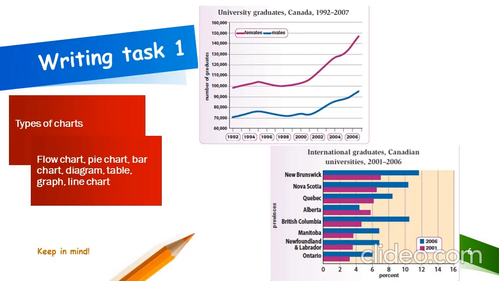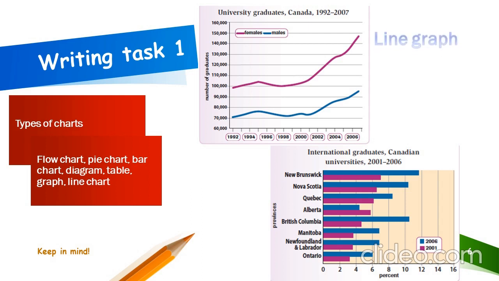Okay, so let's discuss types of charts. In the third box, I wrote down all possible types of charts. So please look at this picture, have some time, and try to match the name for each chart.